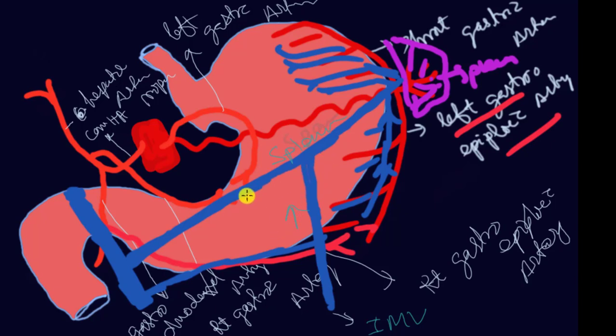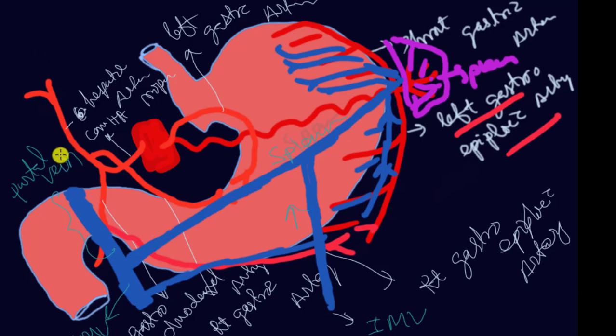Then this splenic vein drains to the superior mesenteric vein. When the splenic vein and the superior mesenteric vein unite, they form what? That is known as your portal vein.